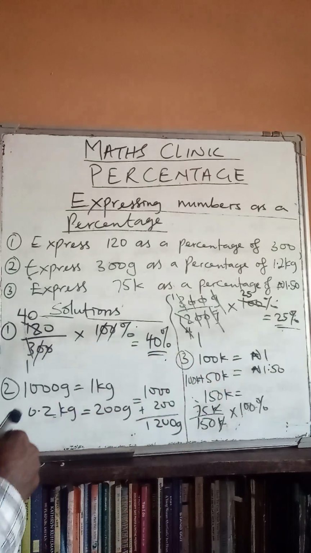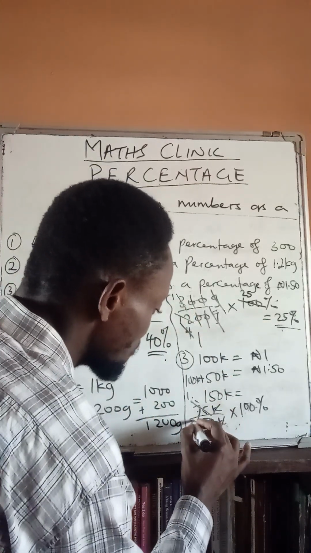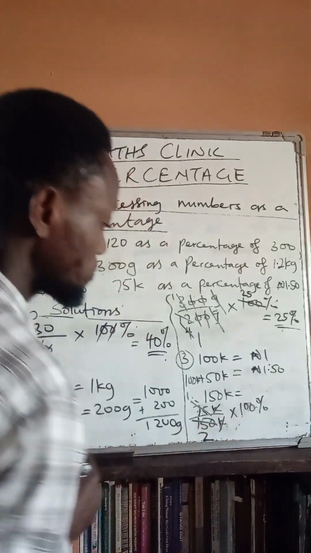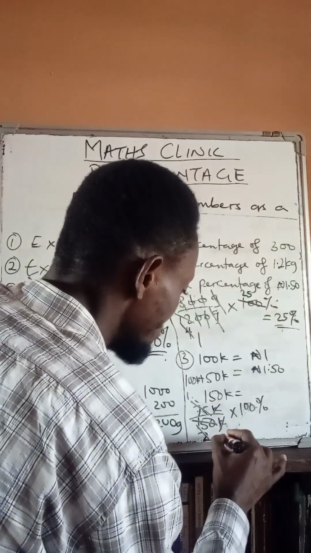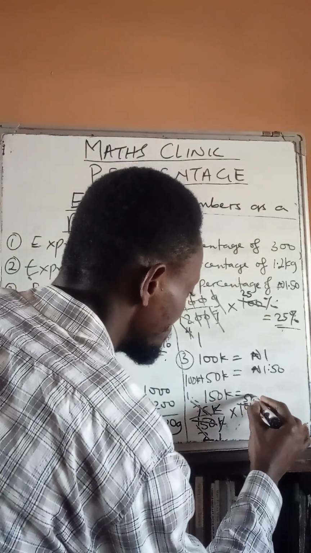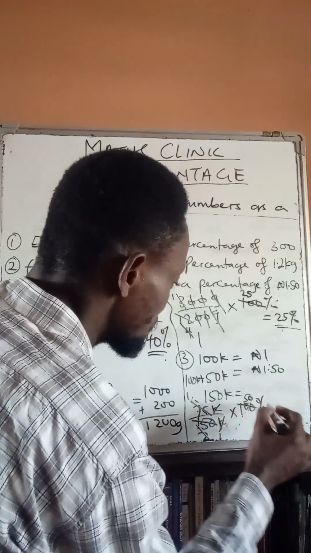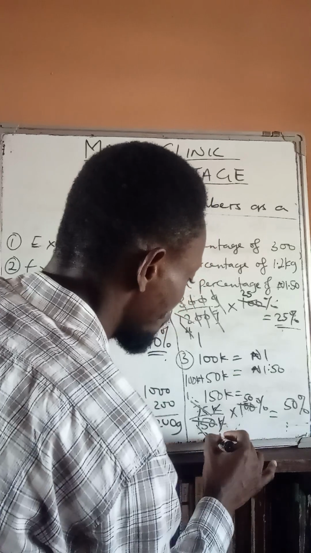So 75 times 2 will give us 150. 75 divided by 75 is 1. 75 divided into 150 will give us 2. 2 can divide 100% without any remainder. 2 divided by 2 is 1. 2 divided into 100 will give us 50. So we have 1 times 50, which gives 50%, and we have 1 just left here.